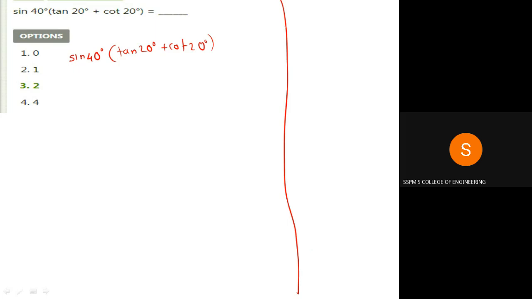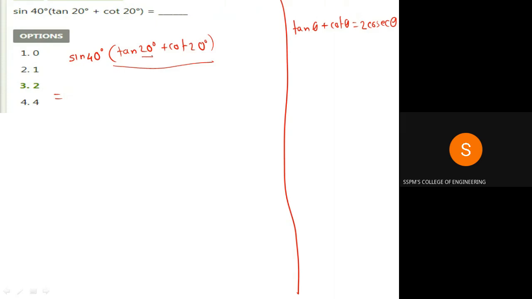You should remember what tan theta plus cot theta is equal to. Tan theta plus cot theta is equal to 2 cosec 2 theta. You can use that in this step. What is theta here?